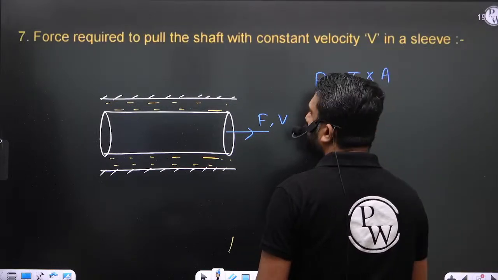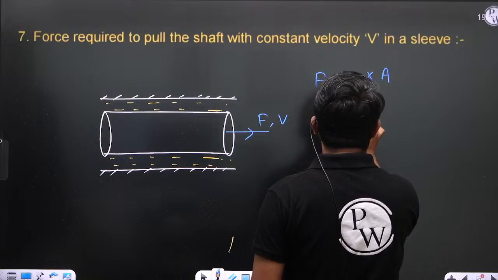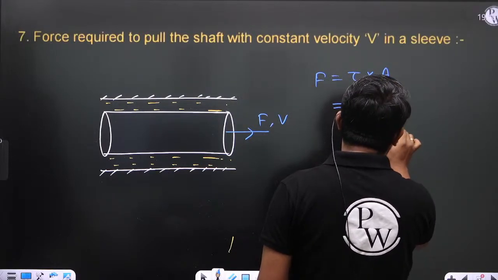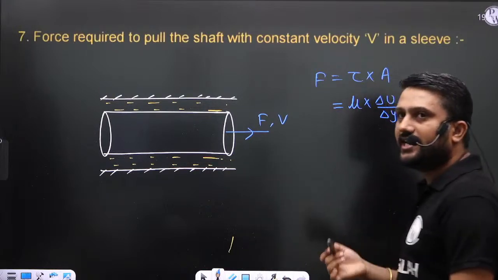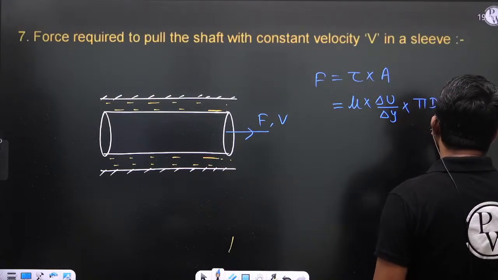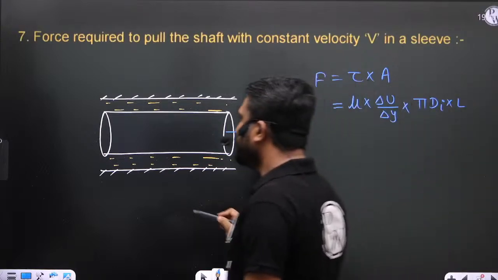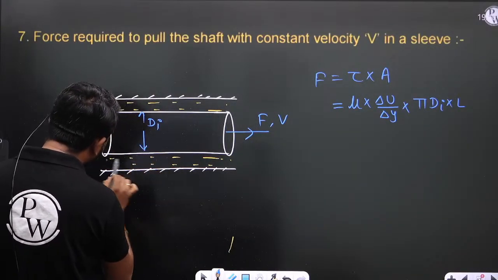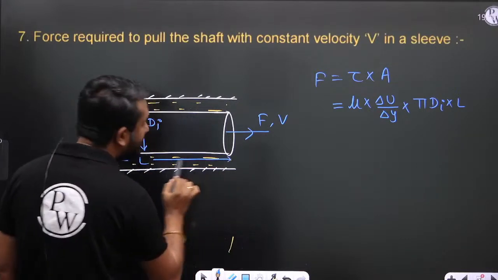And what is the tau? From Newton's law of viscosity, this is mu into delta U by delta Y, into the shear area. The shear area is simply pi di into L, where di is this diameter and L is the length of the shaft.